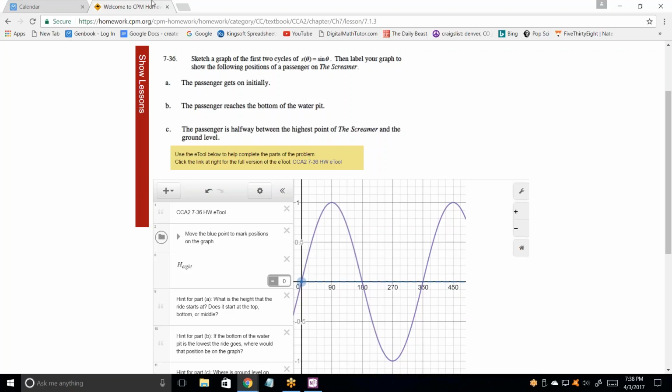Whereas a school like De Evelyn teaches integrated math, where every single year, whether you're in 9th, 10th, 11th, or 12th grade, they give you a little bit of algebra, a little bit of geometry, and a little bit of trig. So it's a completely different way of teaching. And so far, we've seen Algebra 2 problems and trig problems.